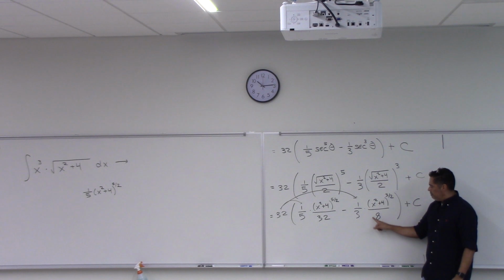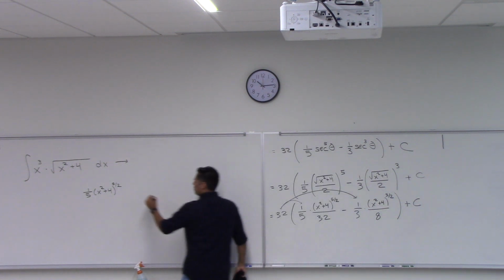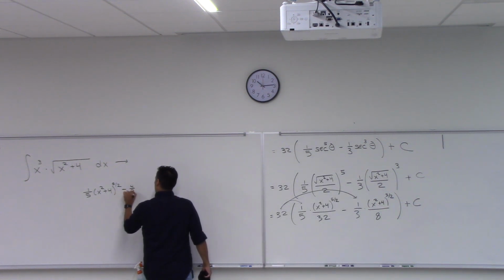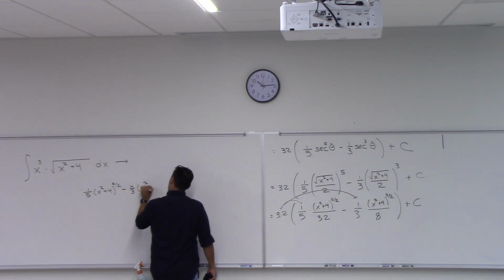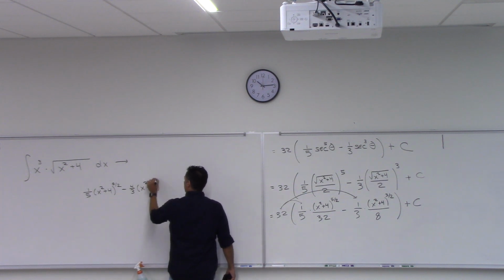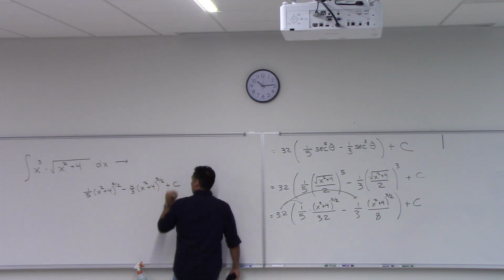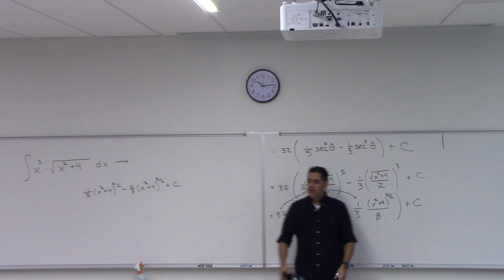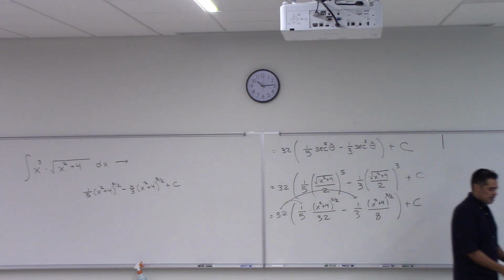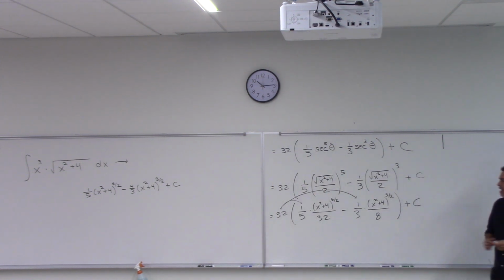What's 32 divided by 8? 4, so this is 4/3. So minus 4/3 times x squared plus 4 raised to the 3 halves plus c. That's actually not a bad looking answer, right? I just wanted y'all to see how that cleans up.